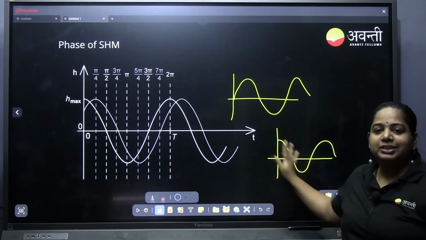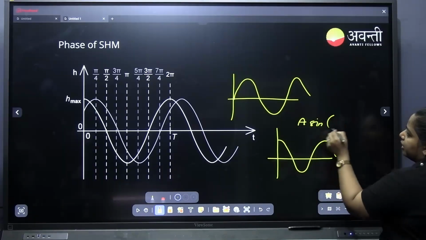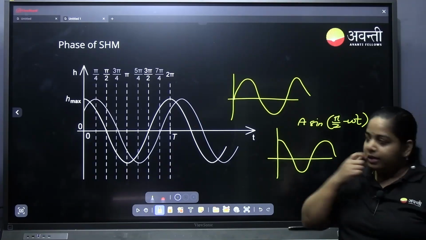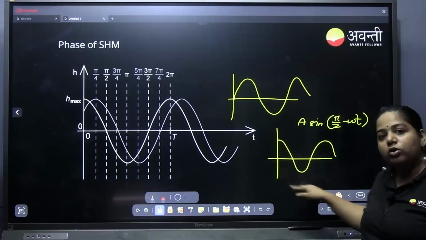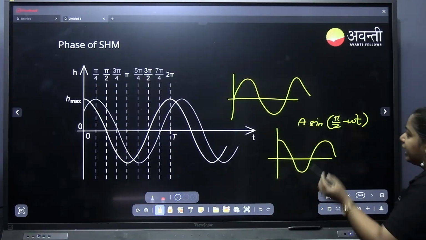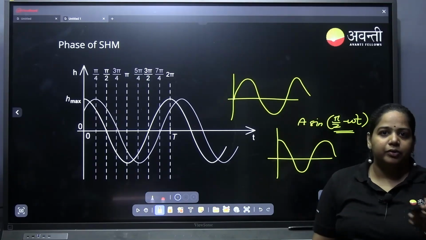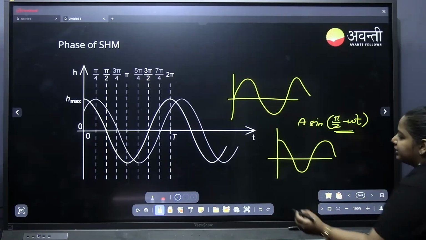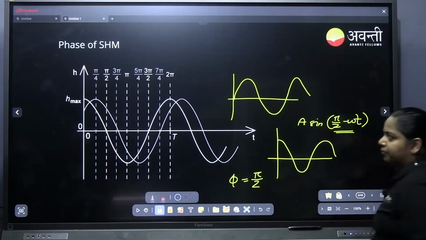But if you want to express this in terms of sine, it will be a sin(pi by 2 minus omega t), because cos omega t equals sin(90 minus theta). In such a way, we can say that the phase of this one is equal to pi by 2. Okay?